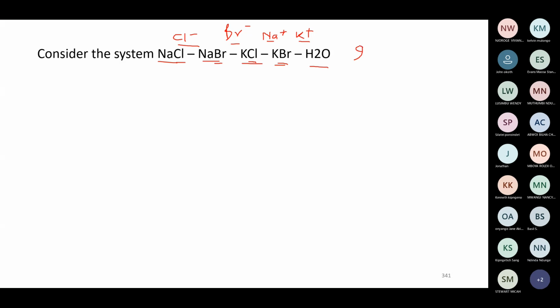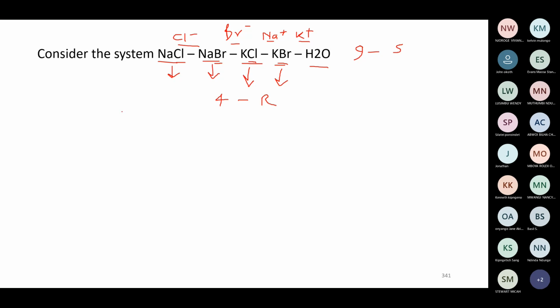species in this system. And then the number of independent reactions. So of course you have the dissociation of this. This will also dissociate. This will also dissociate, and this will also dissociate. So we have 4. This is S, number of species, and this is the number of independent reactions, that is 4.